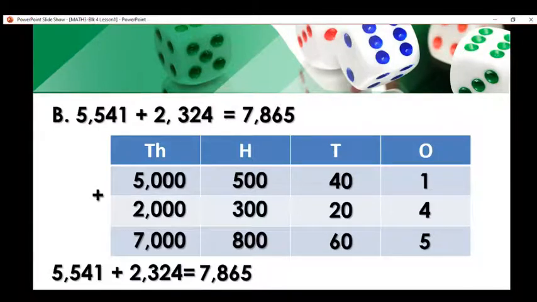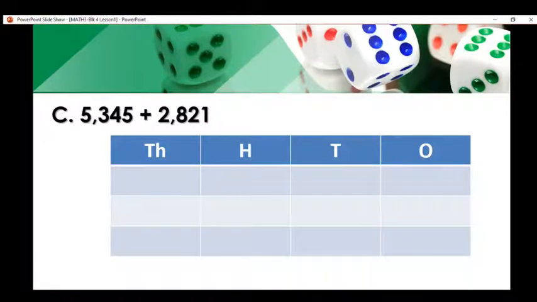So let's proceed with letter C. We have 5,345 plus 2,821. So, always remember the steps. First, we need to expand them. Let's have our first addend, which is 5,345.